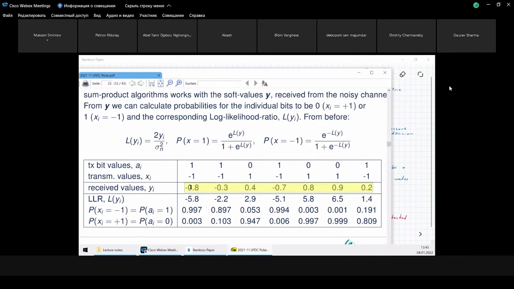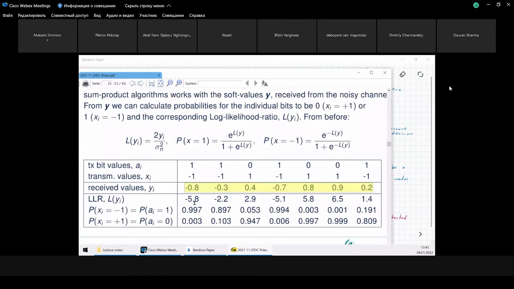So here we have a high probability that this observation belongs to a bit value of 1, and also expressed now in terms of log likelihood ratios. If we observe a value of -0.8, we can calculate the log likelihood ratio to be -5.8, so a fairly high magnitude of the log likelihood ratio, meaning it's very likely that our observation is a 1 bit.